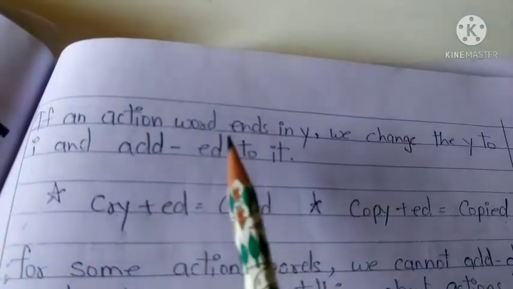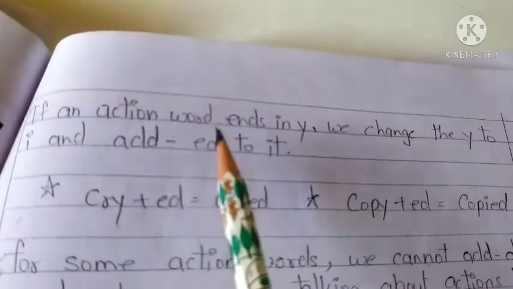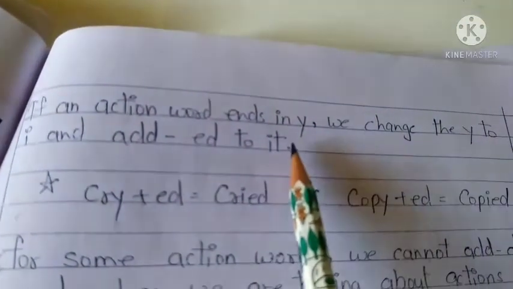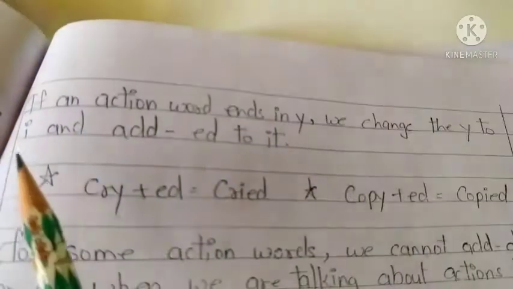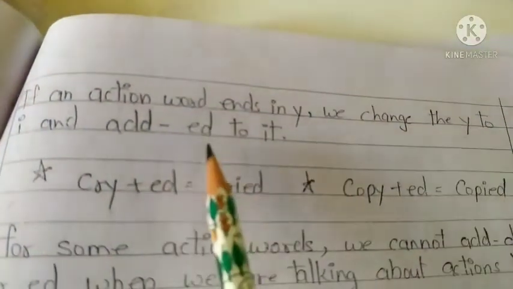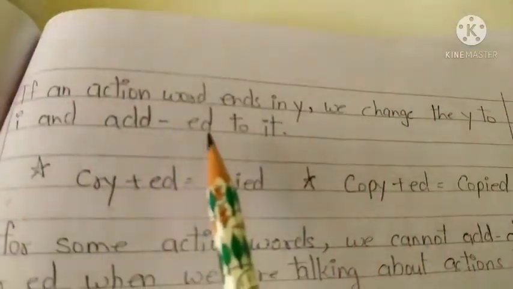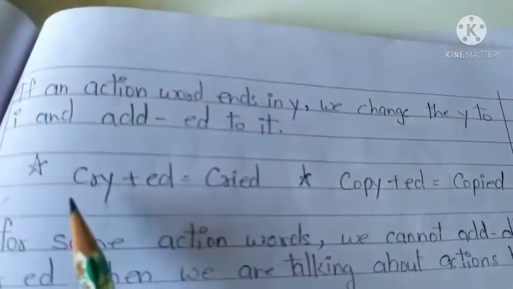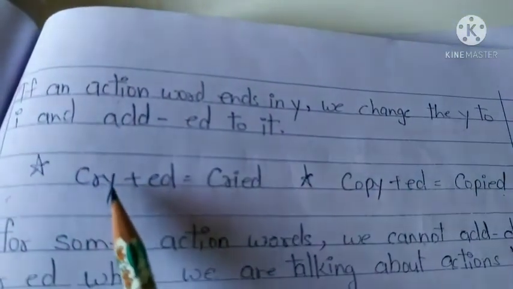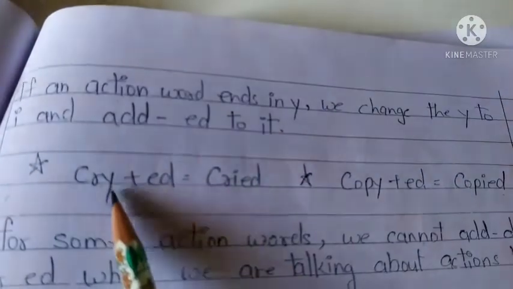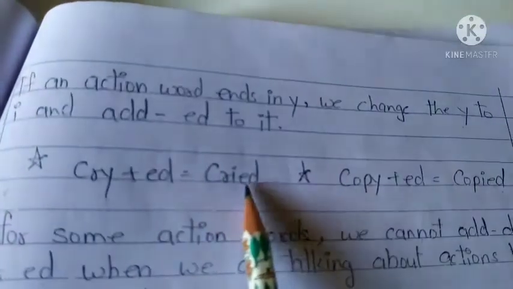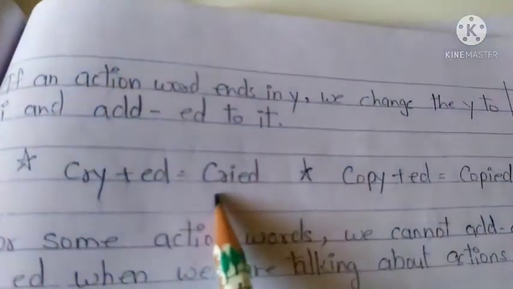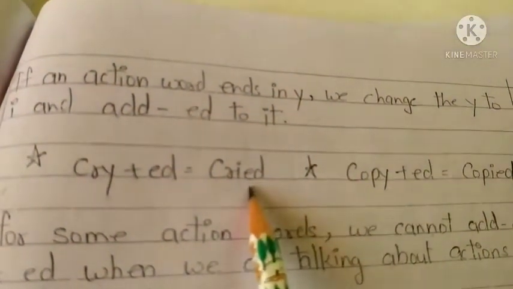It means if any action word ends in y, then we change y to i and then we add ed to make the verb according to the past tense, like cry. Here we change y to i and then we add ed. So the spelling of cried is C-R-I-E-D, cried.